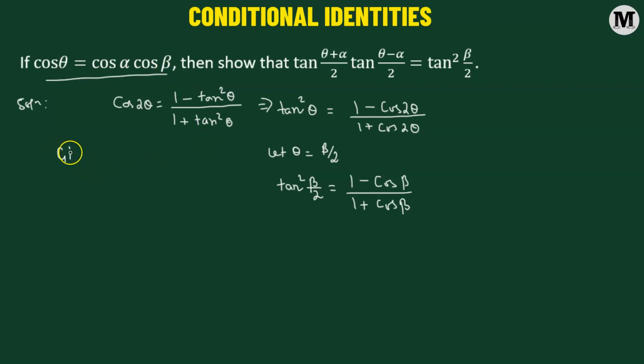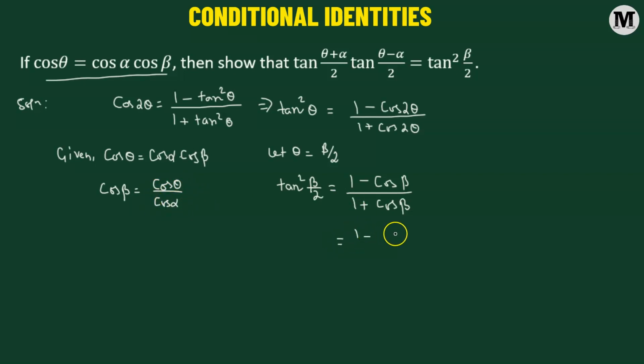So here we are given that cosine of theta equals cosine alpha multiplied by cosine beta. So let's say we isolate cosine beta from here. So cosine beta will then become equal to cosine theta over cosine alpha. So we'll substitute those values here.